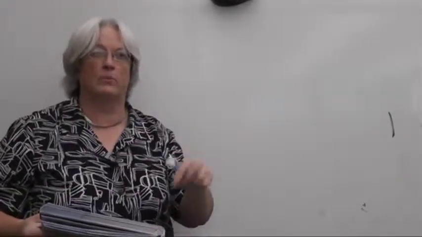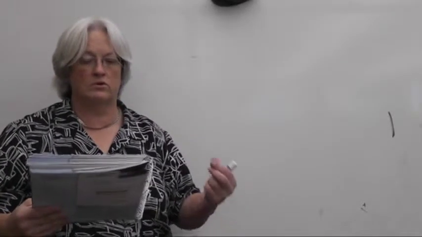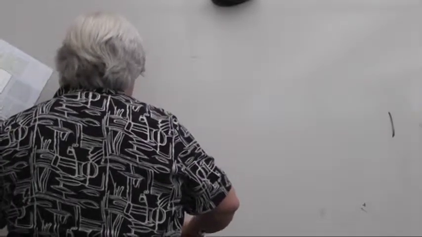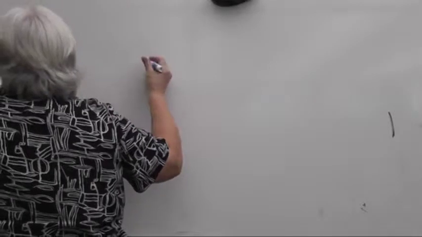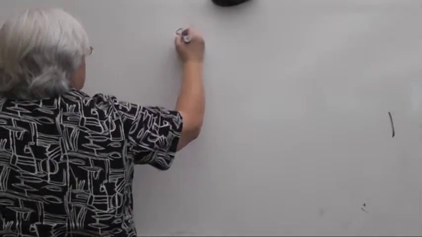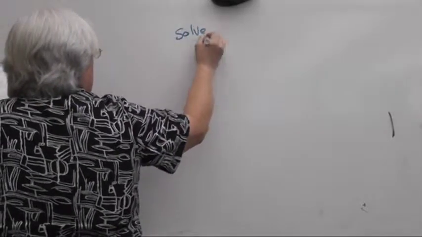To solve the operations, you have to do the inverse operations in reverse order to both sides of the equation. We've got the distributive property that we want to do first. And I really think they're trying to give you some math terminology that honestly is not so necessary for you to have. We want to solve this equation.